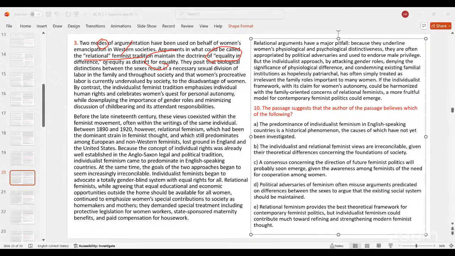But do not pay attention here. Why? Because it will confuse you. And therefore here focus on what is the meaning of relational or equality in differences. What is the meaning? So now with the help of an example. They posit a biological distinction between the sexes. Got what is relational or equality in differences? That is called the biological one.